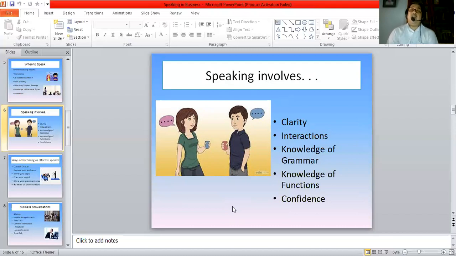So there are all different ways of interacting, and I have to know what these are. And we have to have a fairly good knowledge of vocabulary, grammar, knowledge of the language functions like accepting a request, making a request, apologizing, complaining, and so on. And of course, the confidence. That's a part of speaking. We have to say that again and again.